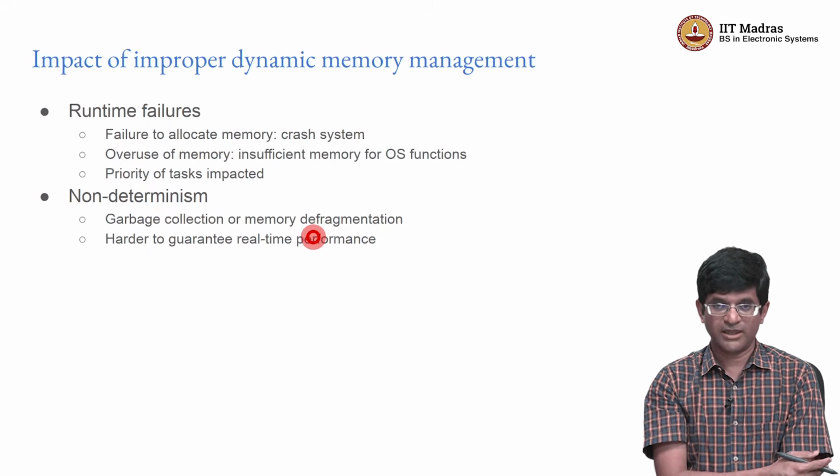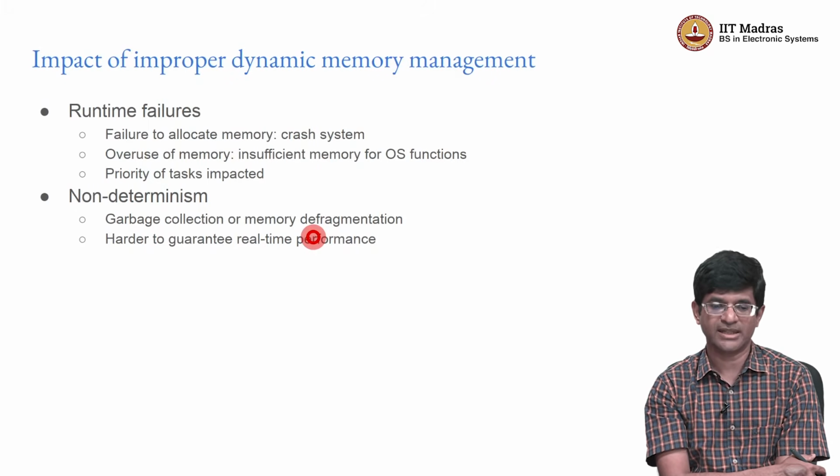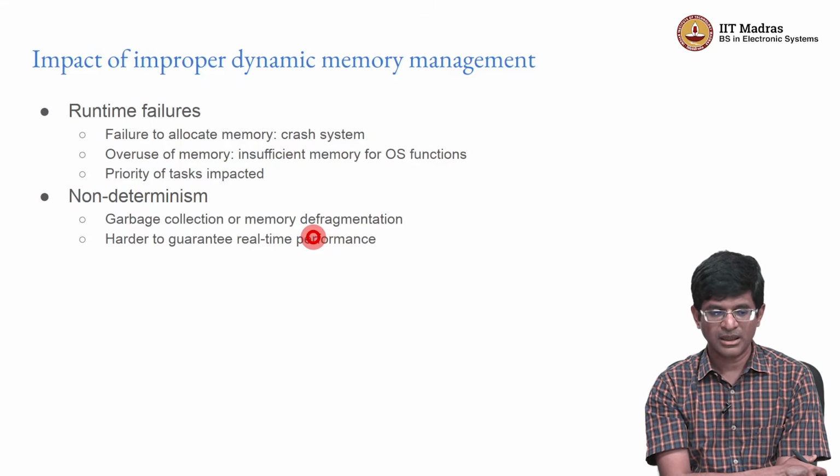So if you do not do proper dynamic memory management, you can actually end up with runtime failures, right? Failure to allocate memory can cause a system crash, right? And this can have very serious impacts on the overall behavior of the system.